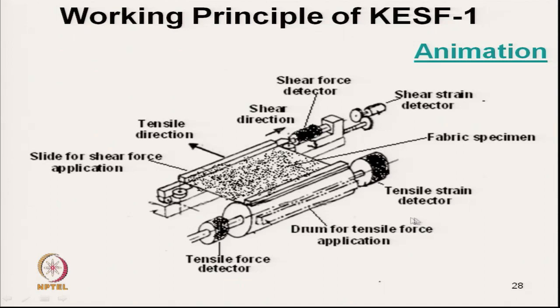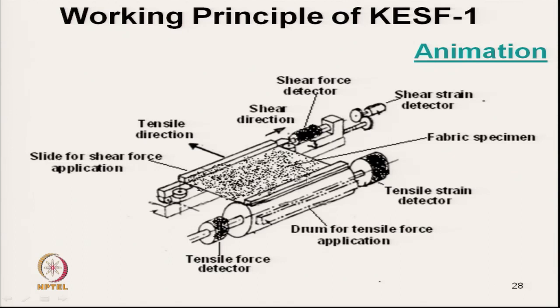tensile strain detector. This strain detector measures the angle of rotation. From this angle of rotation, if we know the diameter of the drum, we can convert it to how much extension is applied. And the tensile force detector is nothing but a torque sensor. The torque required to rotate this drum is converted to the tensile load.